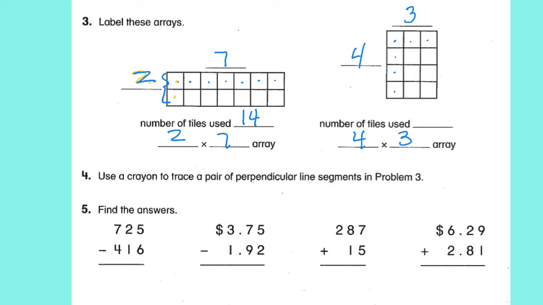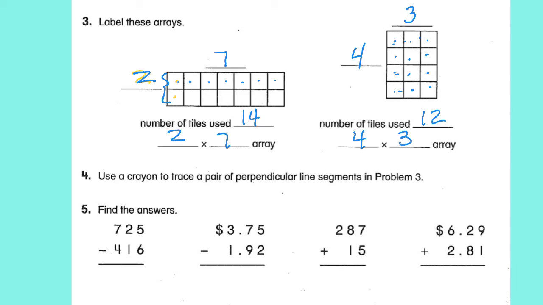So 4 by 3, so 4 times 3 equals 12. And we can count them to be sure, but 1, 2, 3, 4, 5, 6, 7, 8, 9, 10, 11, 12.